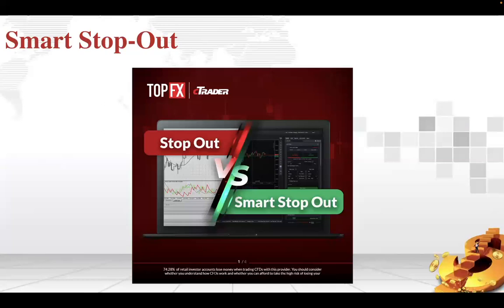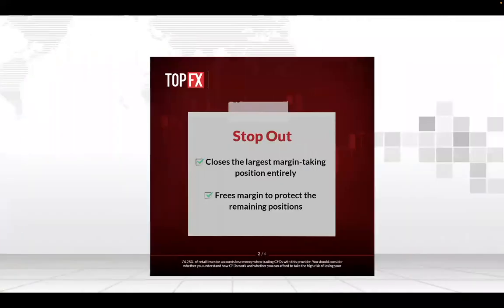Okay, so the smart stopout is a unique feature. Please remember, it's a unique feature of cTrader, and the use of this phrase is specific to cTrader. Smart stopout is a method used to close your positions when you do not have enough margin to maintain them. So the method will partially close your position, starting with the position using the most margin.